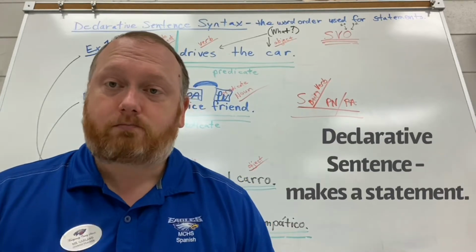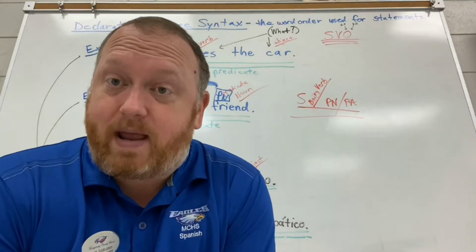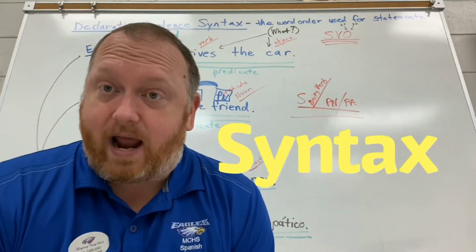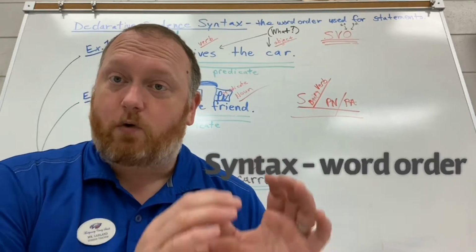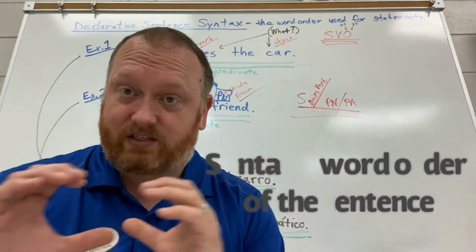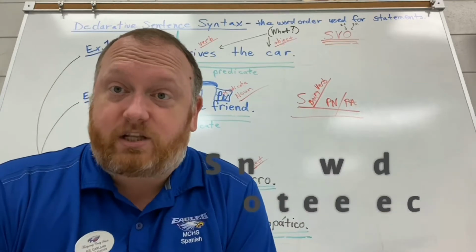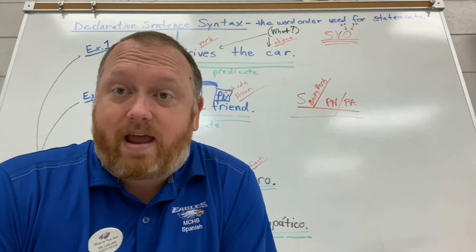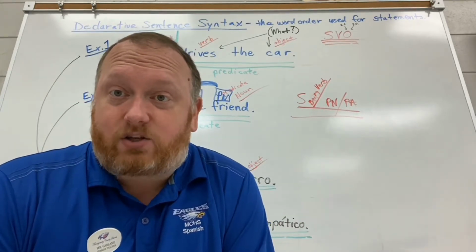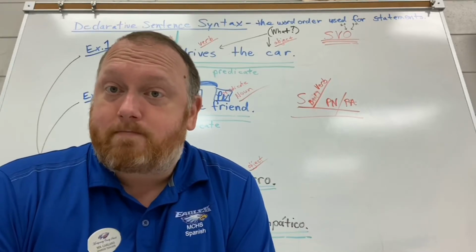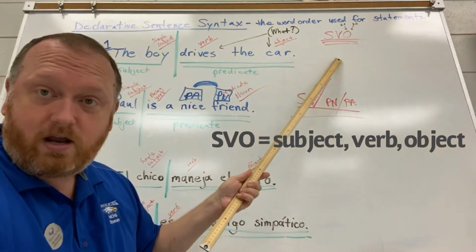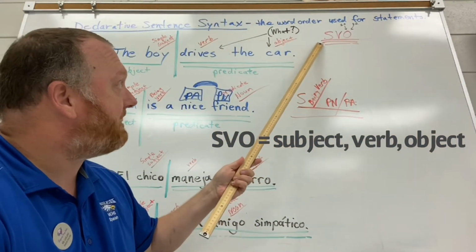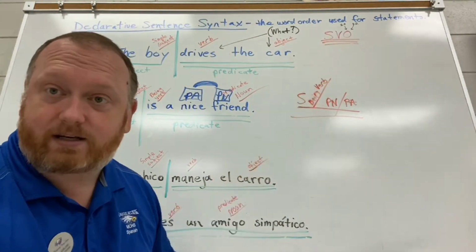But in English and really in Spanish, there's a syntax. That means that there is a certain order for each element in the sentence. Most of the time, we call that syntax or word order SVO, which stands for subject, verb, object.